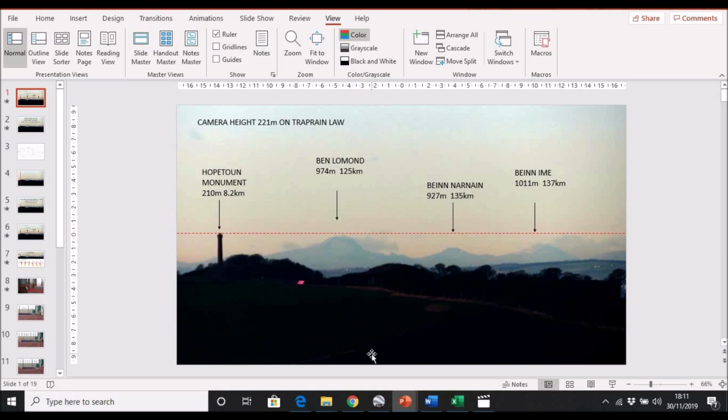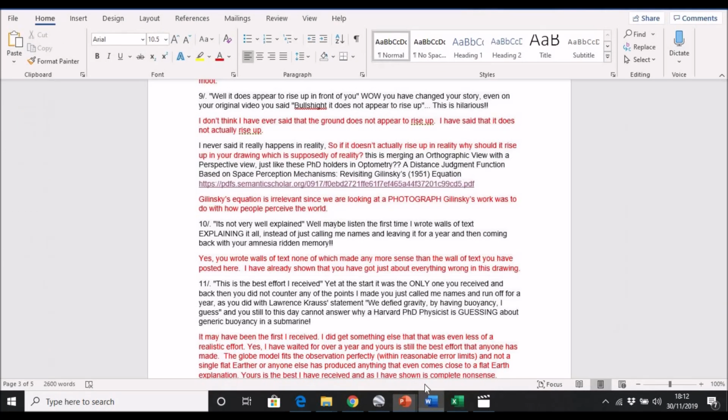If the Earth was flat, the floor, if you like, of the Earth should continue to rise up in our field of view towards or even perhaps going beyond this line. The fact that it doesn't, the fact that these mountains are below that line is evidence that the Earth is not flat. But this straight on view is the view for which we need to take into account the fact that the floor appears to rise up. This seems to be completely lost on Gleem.